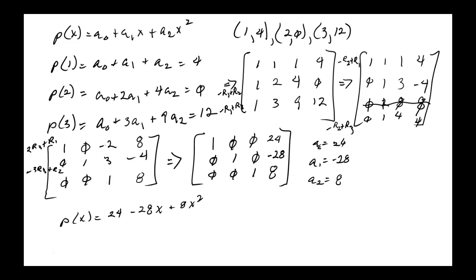So minus 84, 24 minus 84 is minus 60. Yeah. Plus 8 times 9 is 72. Yeah, 72 minus 60 is 12. Yes, that works. Those 3 points will fit on that polynomial, quadratic equation.